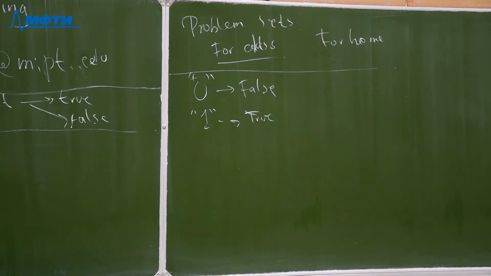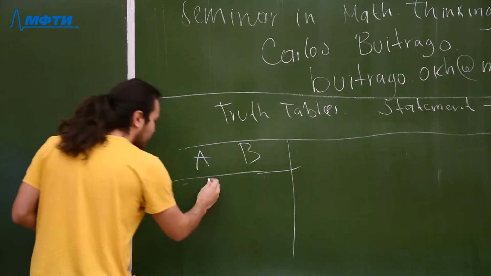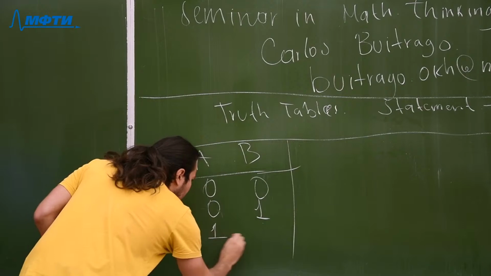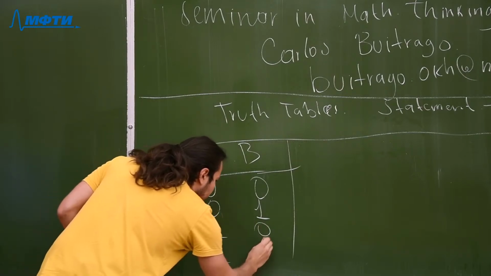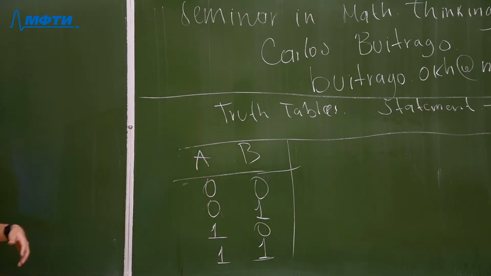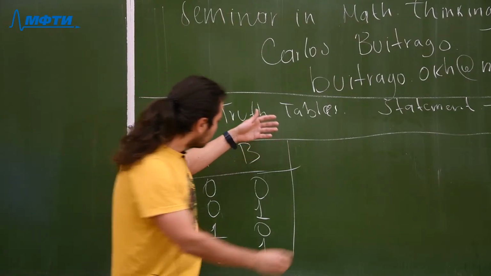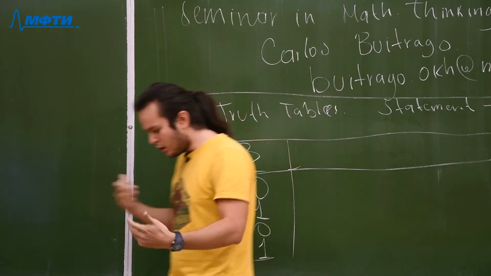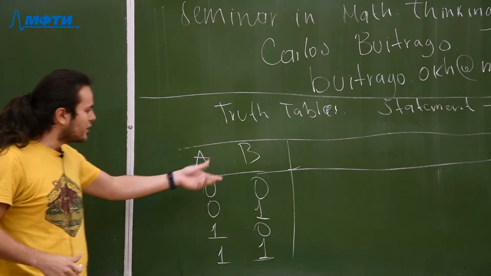If we have two statements, how many options do we have here? 4, right? 0,0, 0,1, 1,0, and 1,1. Then we can define relations between these statements.